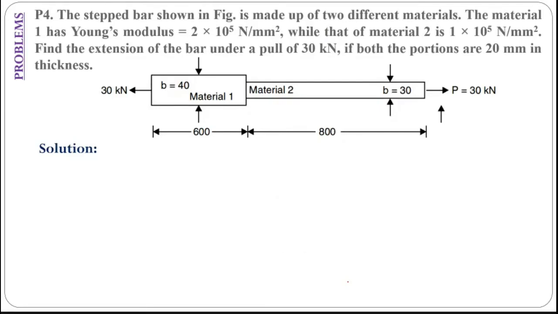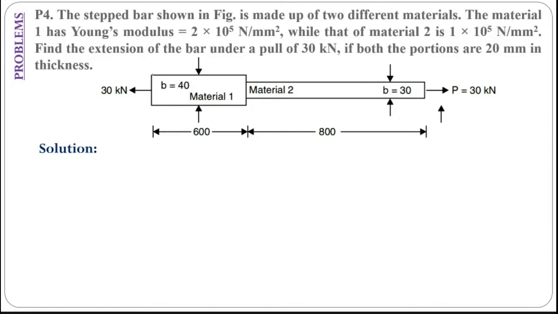Let me consider a stepped bar shown in the figure. It has two different materials. Material 1 has a Young's modulus of 2 into 10 power 5 and material 2 has a Young's modulus of 1 into 10 power 5. They're asking you to identify the extension if there is a pull of around 30 kilonewton. They have also given that the thickness is 20 mm, which means this is in 3D, like a rectangle.